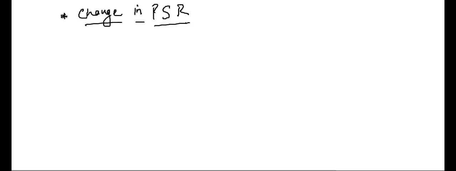Now let me explain this with the help of an example. Change in profit sharing ratio. Suppose there are two partners, X and Y. They are sharing profits in the ratio of 3:2.